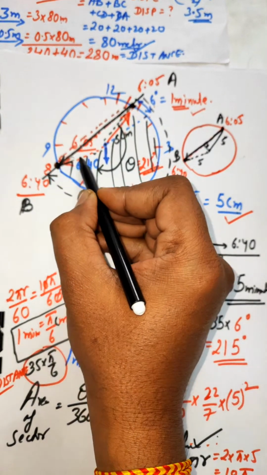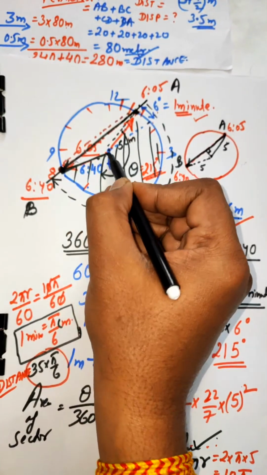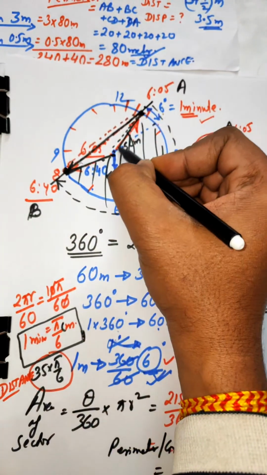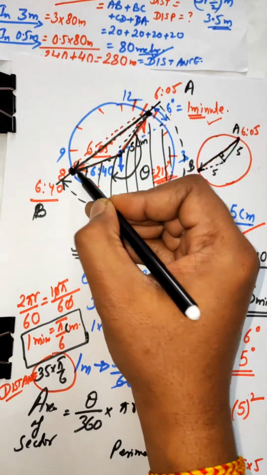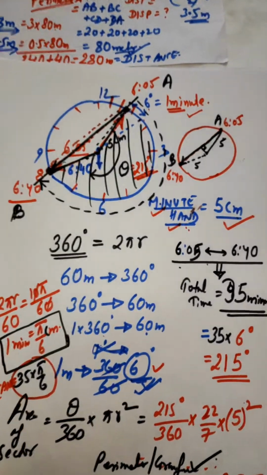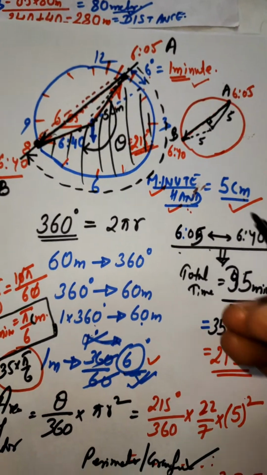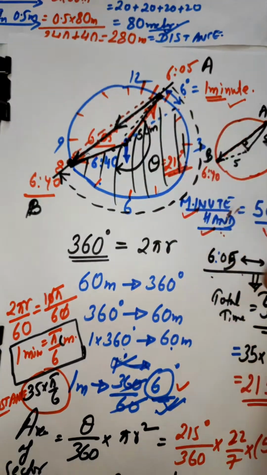You know that this is 6, this is 5 and this is 5, and we need to find this distance A to B. So this will be the displacement which we will be capturing at the final position.